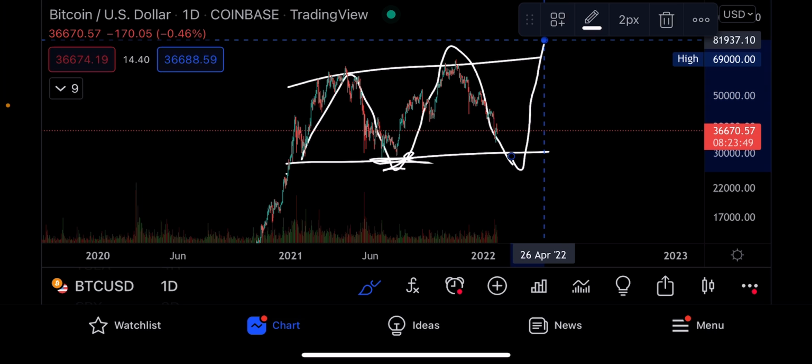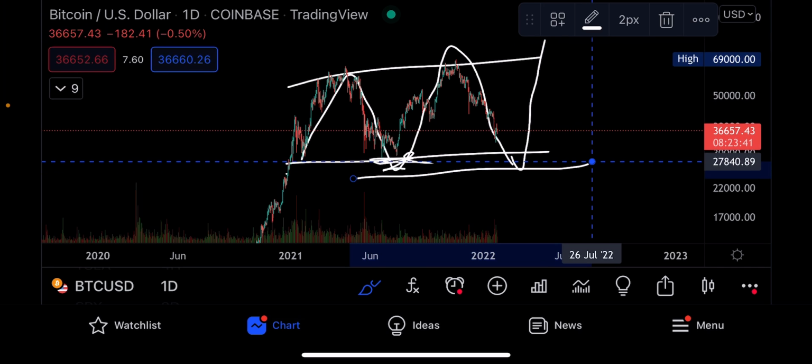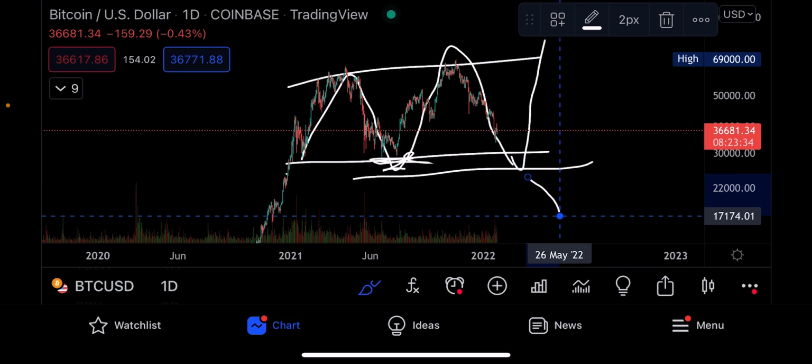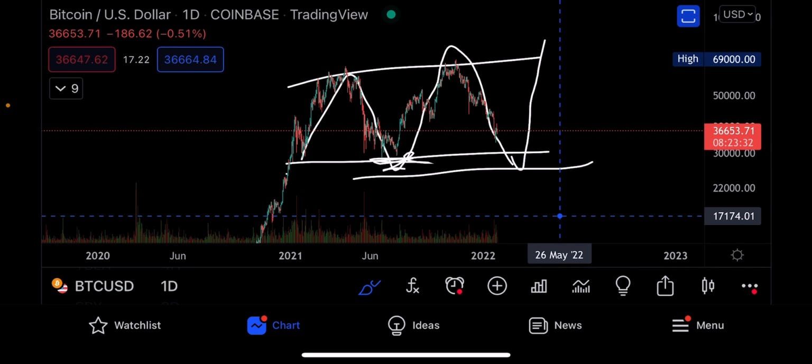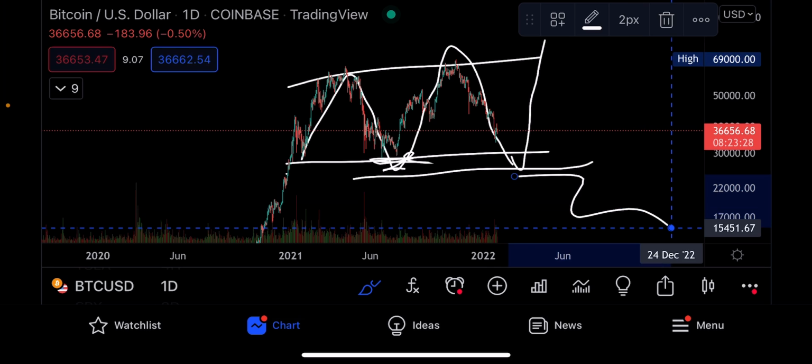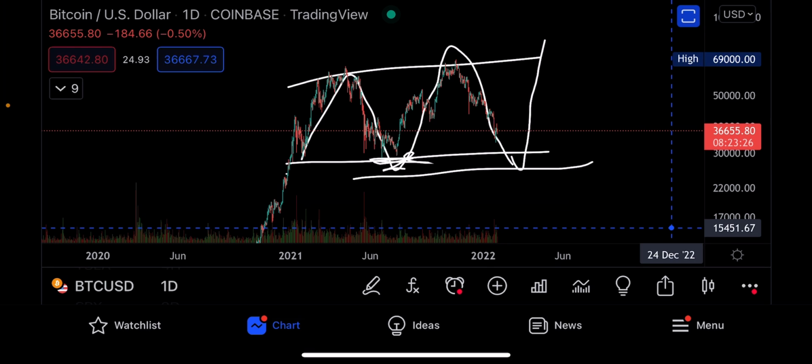So there's numerous possibilities. Anything can happen. But once we break below here, about 27,000, I would probably get out of the market, or at least have cash on hand to start buying more dips. And yeah, that would just be it.